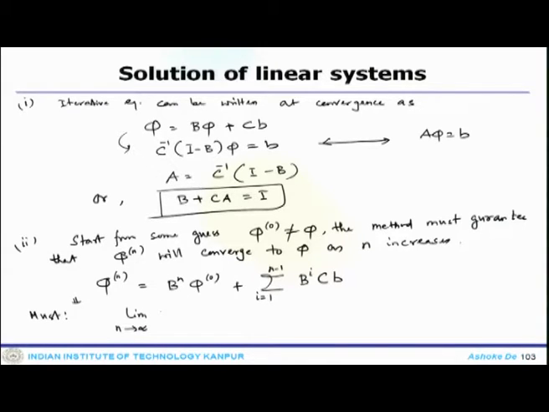If n tends to infinity, B^n, which is B times B ... times B, n times, must be 0. So, B must satisfy that.